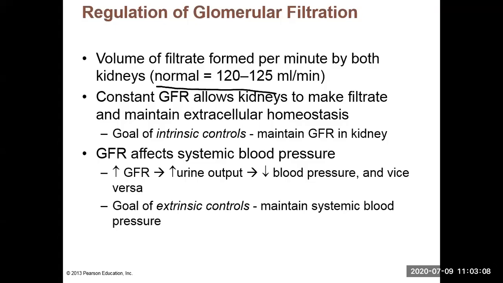If the GFR is too high, your urine output is going to be too high. Why? Because you don't have time to reabsorb. If you're losing a lot of water through your urine, then you're losing pressure because the volume is lower. And vice versa. If your GFR is too low, urine output will be too low, the pressure may be too high, and again causing problems.